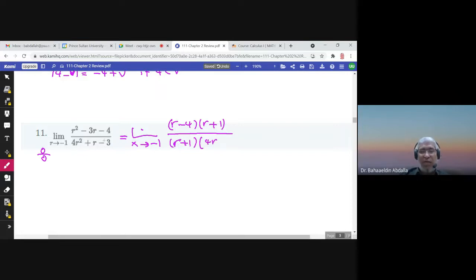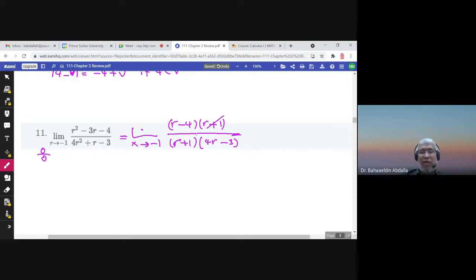And this is negative 3, so 1 times what gives negative 3? 1 times negative 3. So negative 3 times 1 is negative 3. That's good. And 4r, negative 3r would be 1r. So that's the factored form of the denominator.